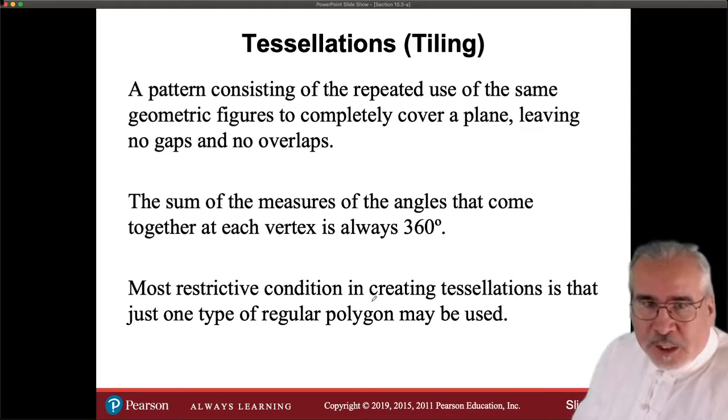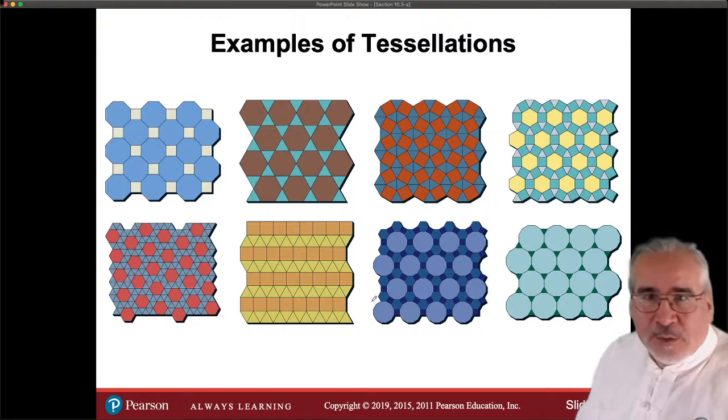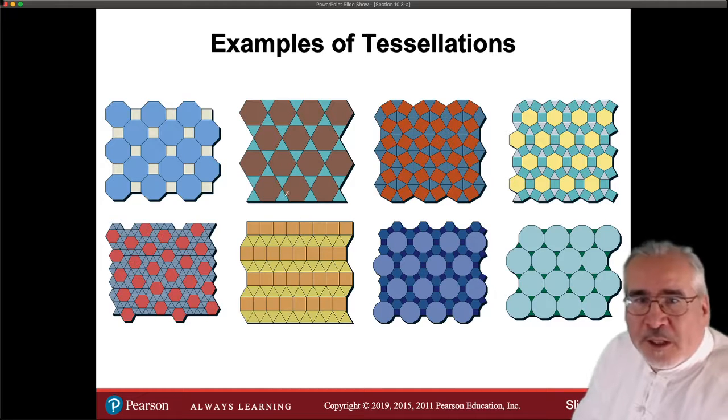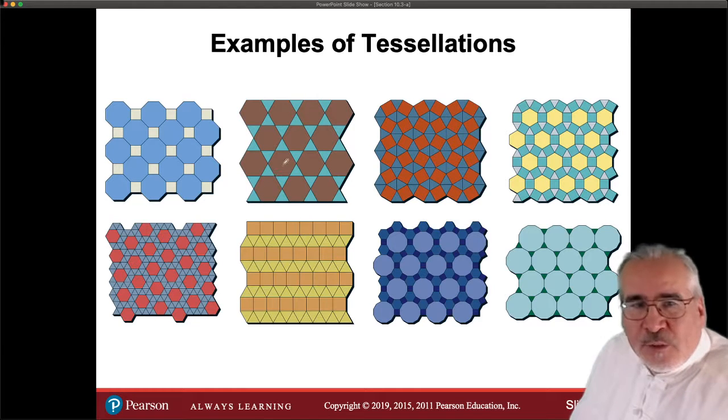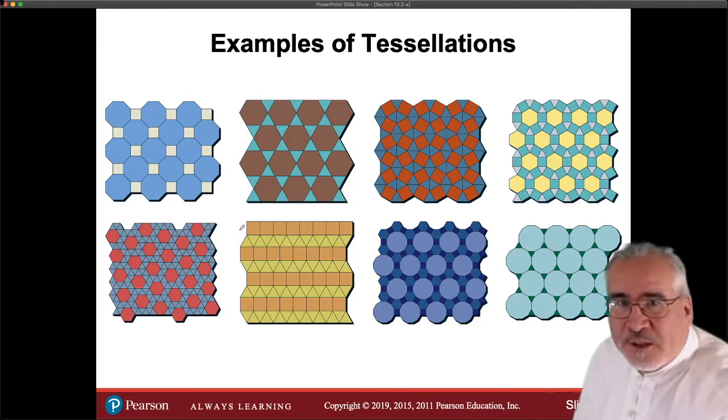So we're going to go ahead and take a look here at some examples of tessellations, since we talked about polygons. None of the polygons can fit together except for a square, which would be kind of boring, a bunch of squares just all next to each other. You can't get tessellations of a polygon by itself.